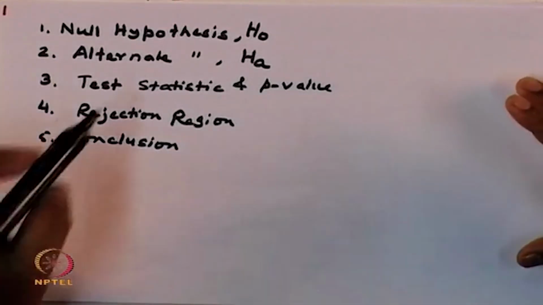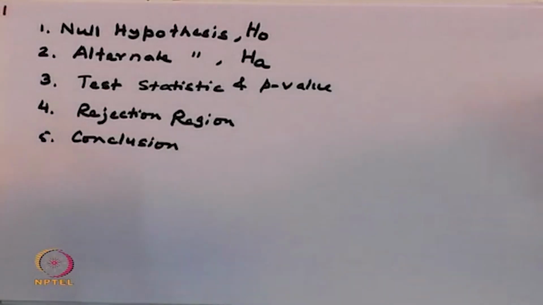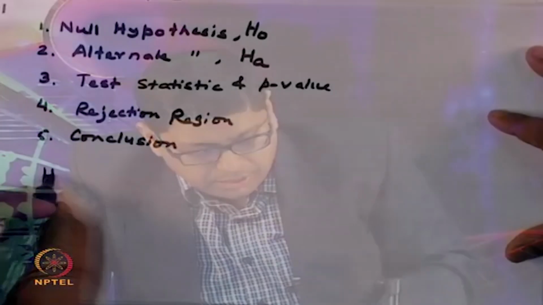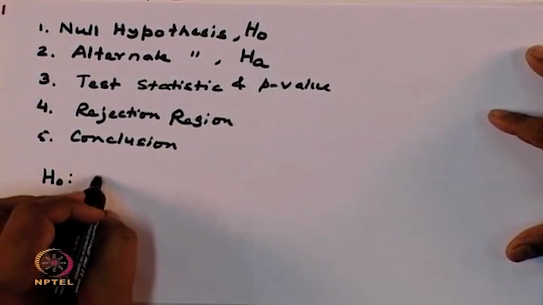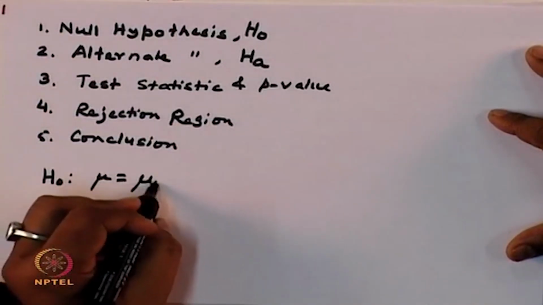Let us say our agenda is to see whether the productivity of a line or a company has increased or decreased, or even to test what it is. In that case my null hypothesis can be mu equal to mu naught.